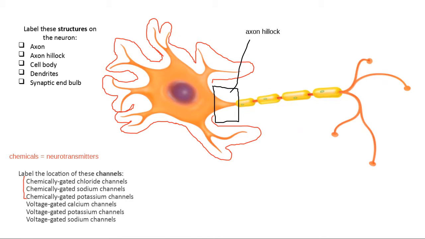Or in other words, what does the axon hillock do? What's its job? Yeah, a couple of us have chimed in. The job of the axon hillock is to do what's called summation, where I add together all the different messages that the dendrites received and figure out what they mean.